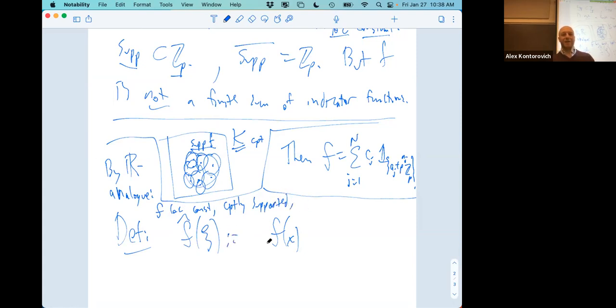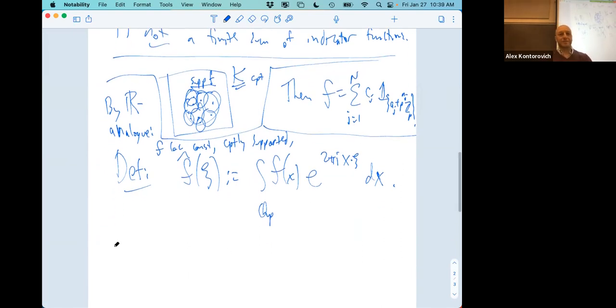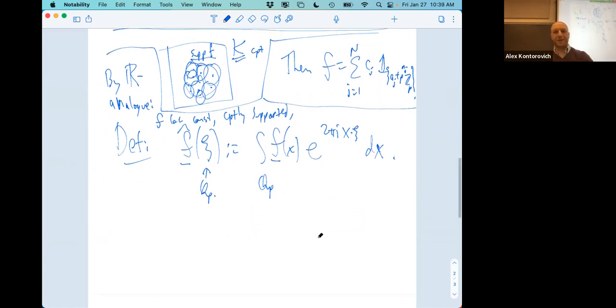I'll define the Fourier transform to be: you take your function, you multiply it by your character, e to the 2 pi i x times c, and you integrate with the additive Haar measure over all of Qp. Let's see if we have a Fourier inversion theory. And c is in Qp, exactly right. So it takes functions on Qp to other functions on Qp.